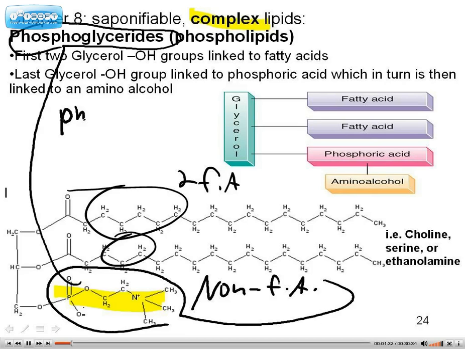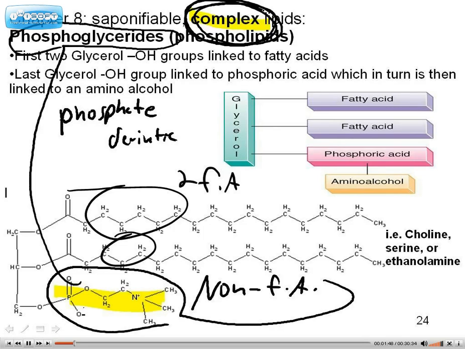So I'll write this here, a phosphate derivative. So we say that this is going to be a, and I'll circle this up in the upper left corner, complex lipid. Because although 2 of them are fatty acids, the 3rd one is going to be a non-fatty acid, and depending on what category you're in, it will vary.